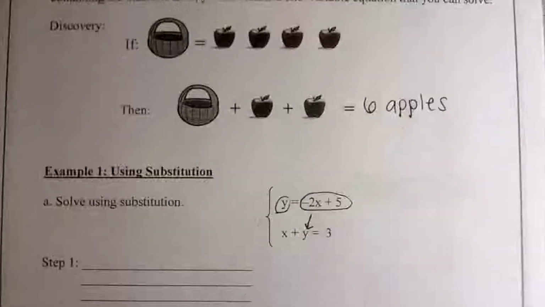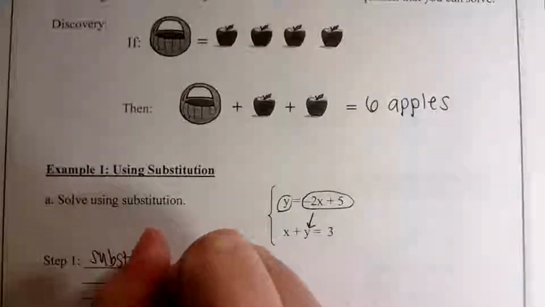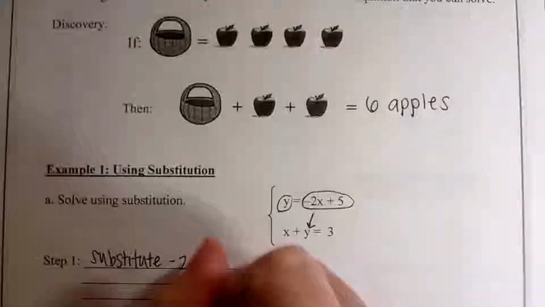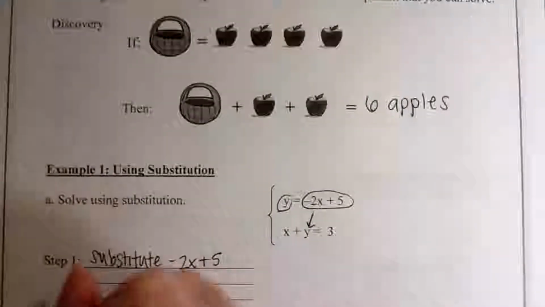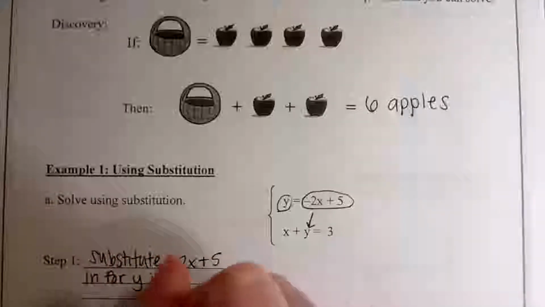So step 1, we are going to substitute negative 2x plus 5 in for y in the second equation.